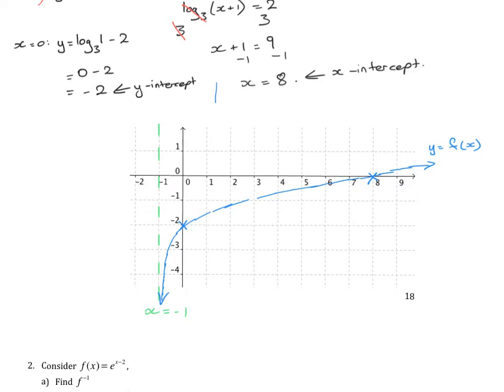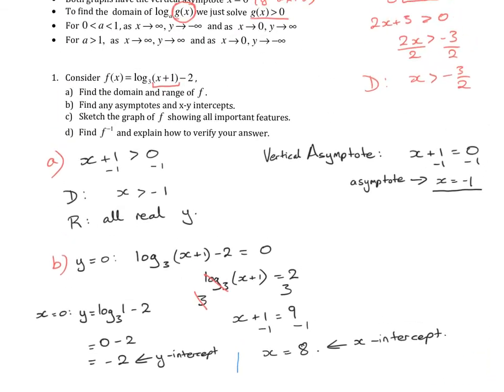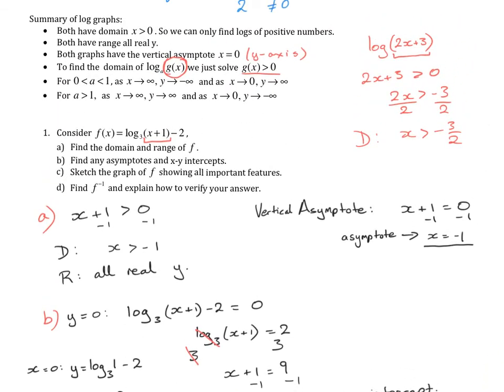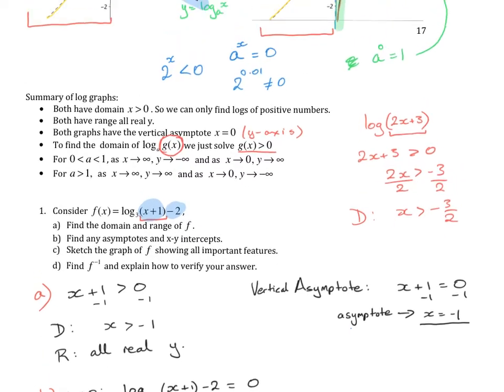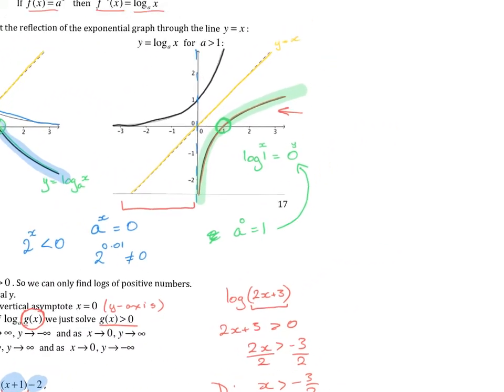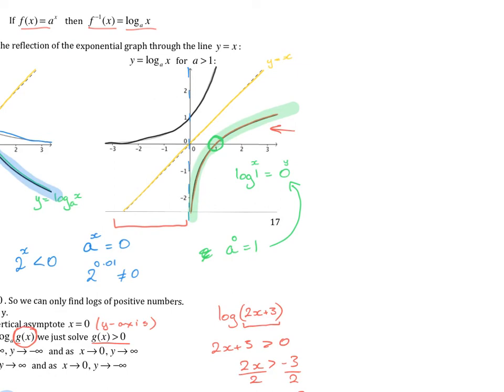Now, it's important to note, why does this look different from the ones we had before? It makes sense that if we look at this function, the fact that it's x plus 1 means we shift to the left 1 unit, and minus 2 means we shift down 2 units. So for instance, previously, this log function would have had an x-intercept at (1, 0) here.